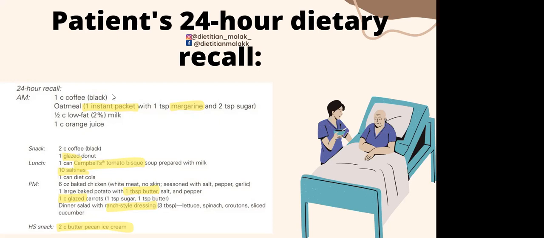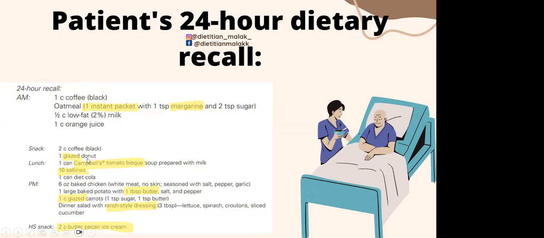Simply because, yes, it is a soluble fiber and it is great, however, it is an instant packet. As we mentioned before, whenever it is instant, processed, or packaged, it probably has high levels of sodium. Then we have 1 teaspoon of margarine, which is saturated fat. We have a glazed donut, glazed meaning they add fat as well as sugar.